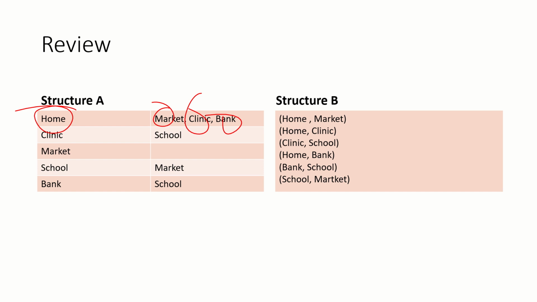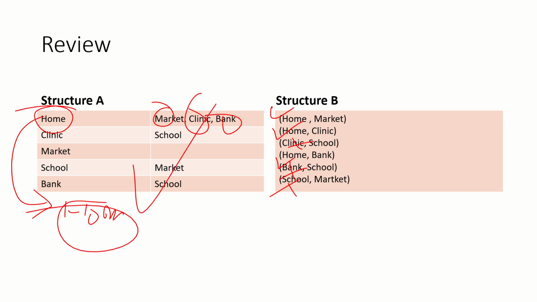But for structure B, you need to go over all the data, right? So data 1, 2, 3, which means you need to go over all the records to find the route. But for structure A, the only thing you need to do is find the location. The worst case, the home is at the last row, which means you have to go over everything, then you find the home.